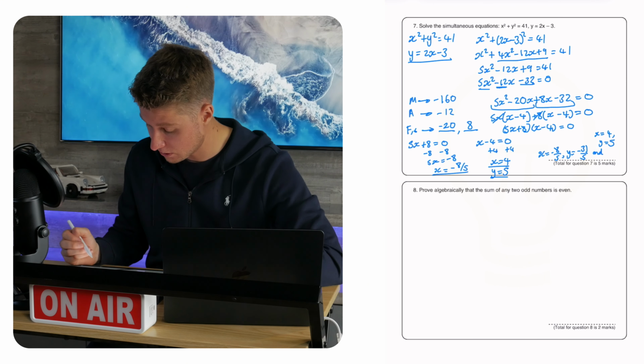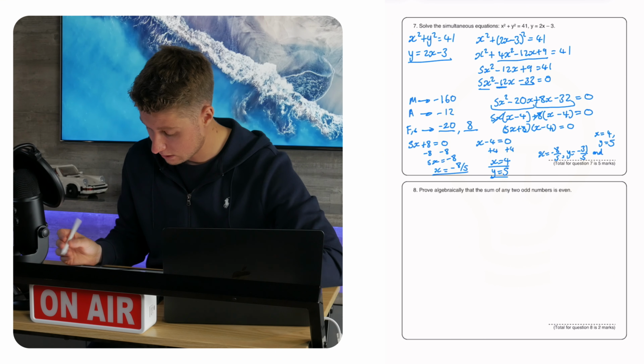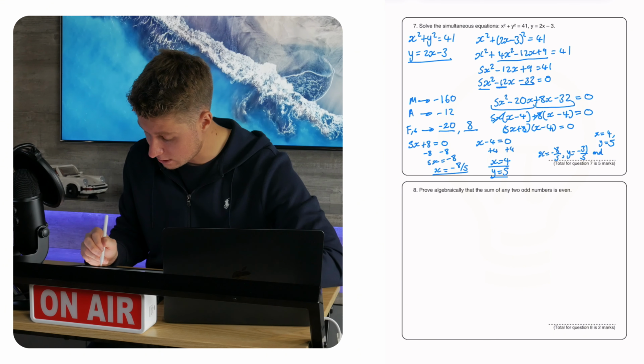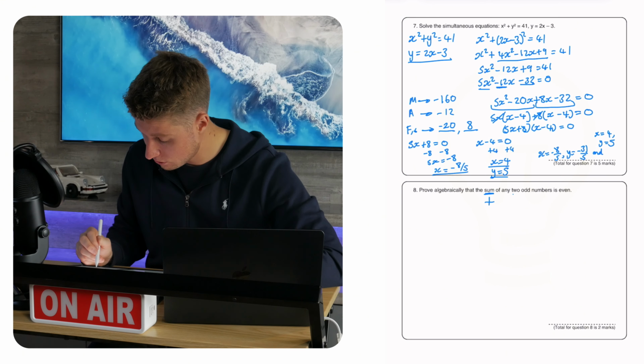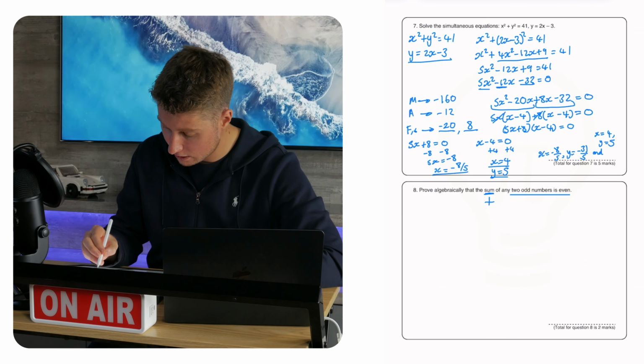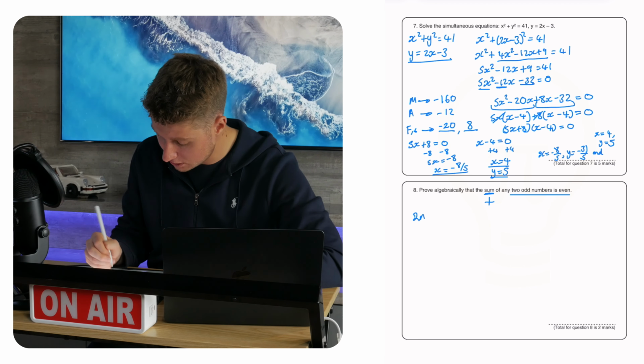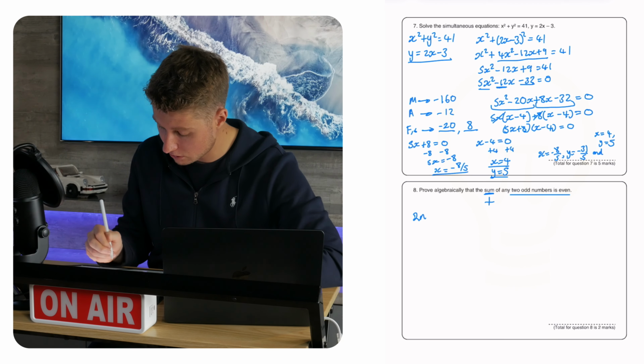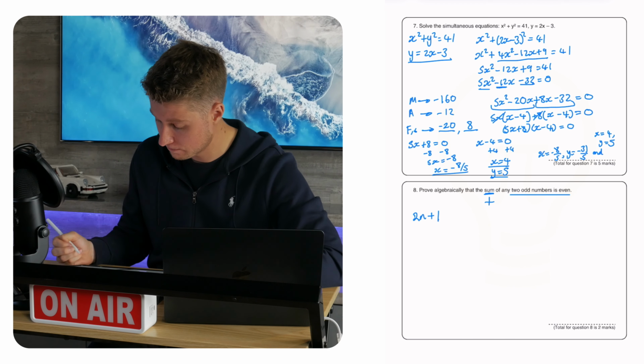Question 8 says, prove algebraically that the sum of any two odd numbers is even. So prove algebraically that the sum, so this means adding, of any two odd numbers is even. So an even number, when we're doing proof, is represented by 2n. So an odd number will be 2n plus 1.